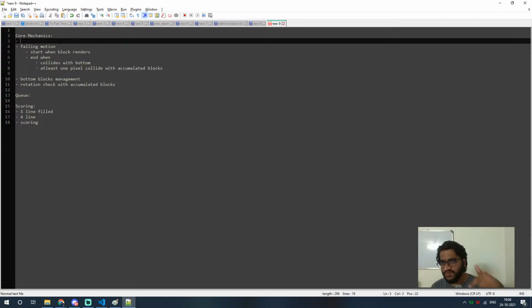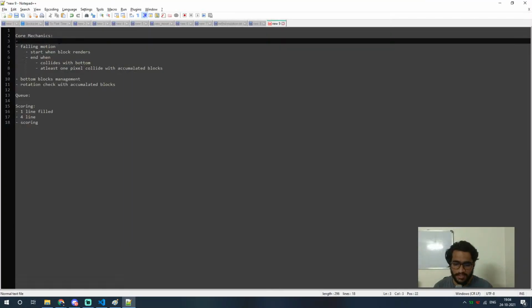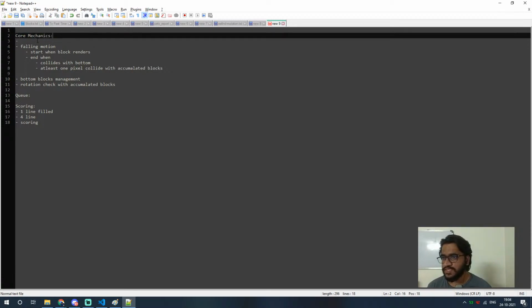If we press Y, it would render one block. If we press U, it would render another block, like that. We would just make it for the fun of it while we are working on core mechanics.